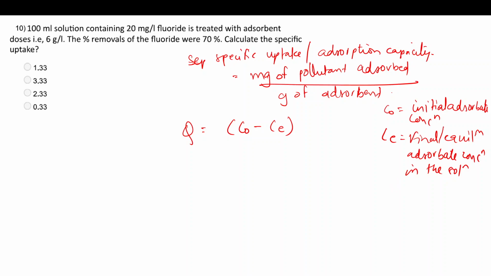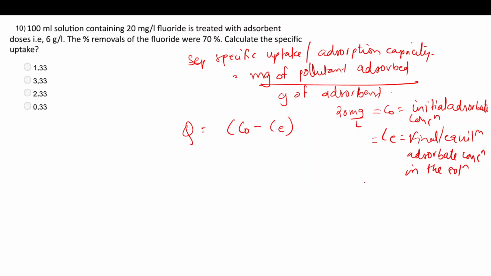So C naught here is the initial fluoride concentration, which is 20 milligram per liter. And the final concentration is given as 70% removal. So 70% of 20 milligrams per liter of fluoride is removed.